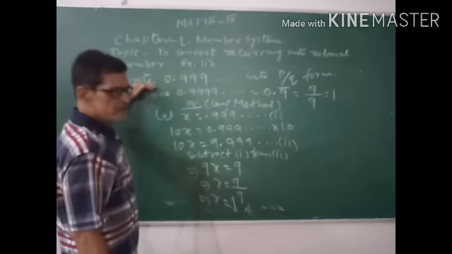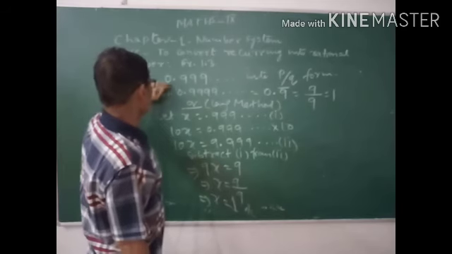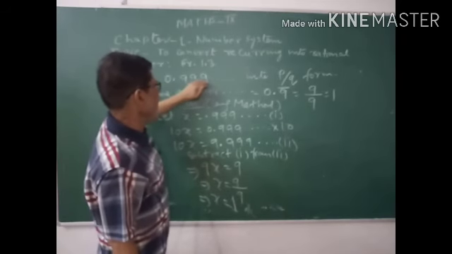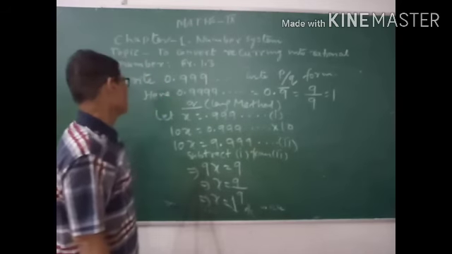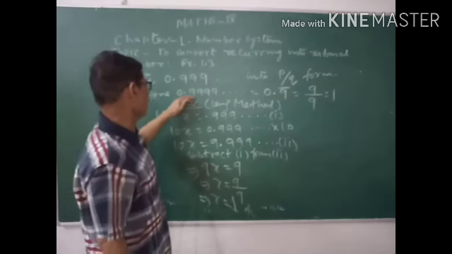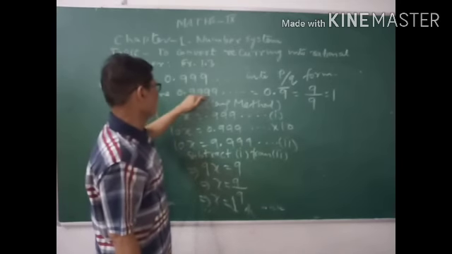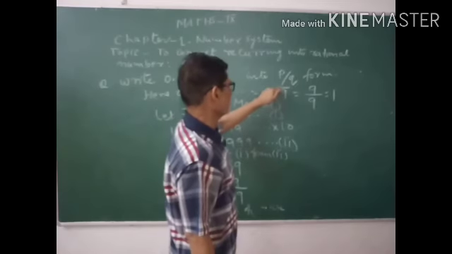Next question, this question is from NCERT. Write 0.999 dot dot into p by q form. In short form, you can write 0.9999 equal to 0.9 recurring.